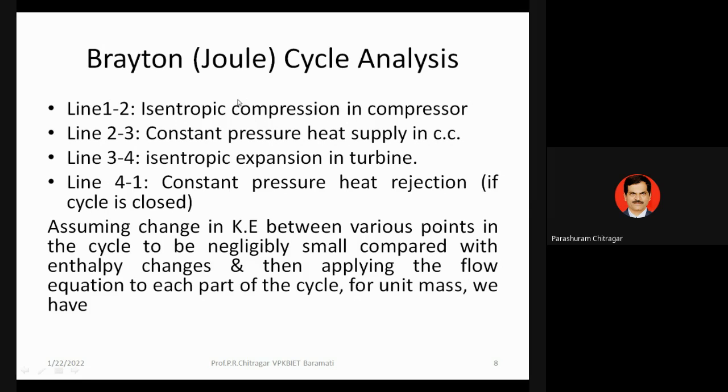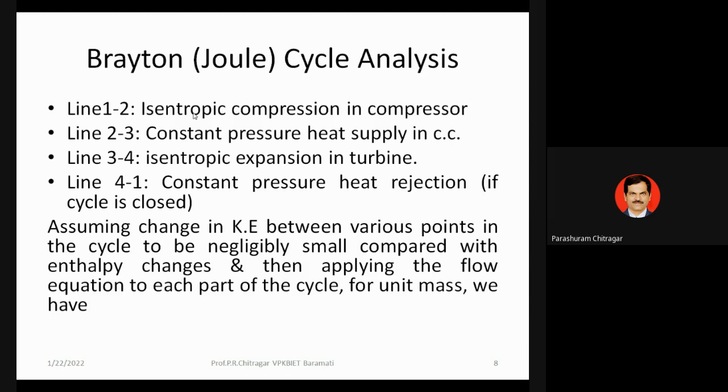In the compression we will have an isentropic compression. So what is the meaning of isentropic compression? The compression is going to have constant entropy. So what is the meaning of keeping entropy constant? We can say that the process is reversible, and we can say that the process is adiabatic. Once again, the question arises, what is the meaning of adiabatic?